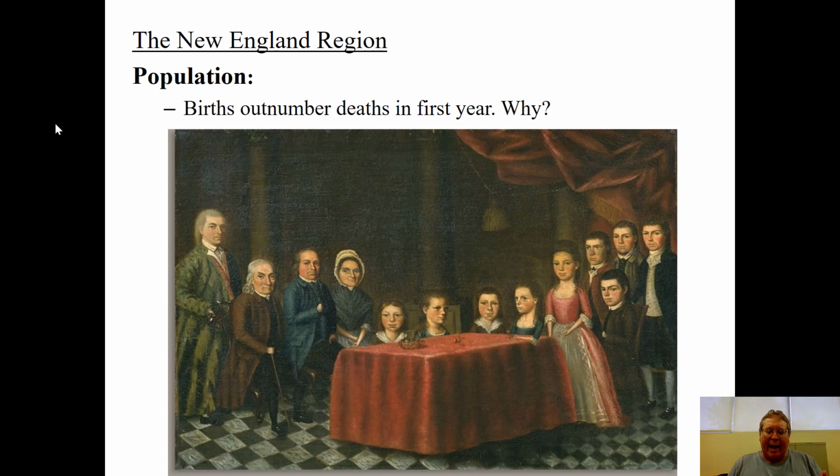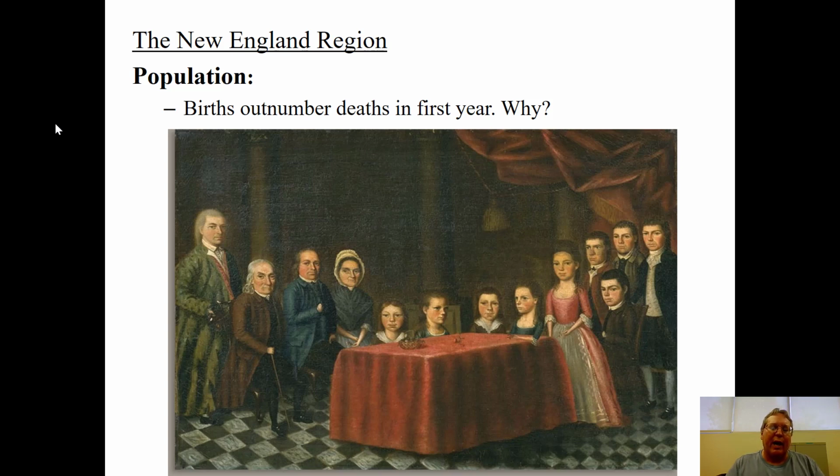Something else that's going to happen, though, is that it's just not going to be as common to die from disease here. Even though the growing season's shorter, even though the soil isn't as good as Virginia, they're actually going to be healthier up here.